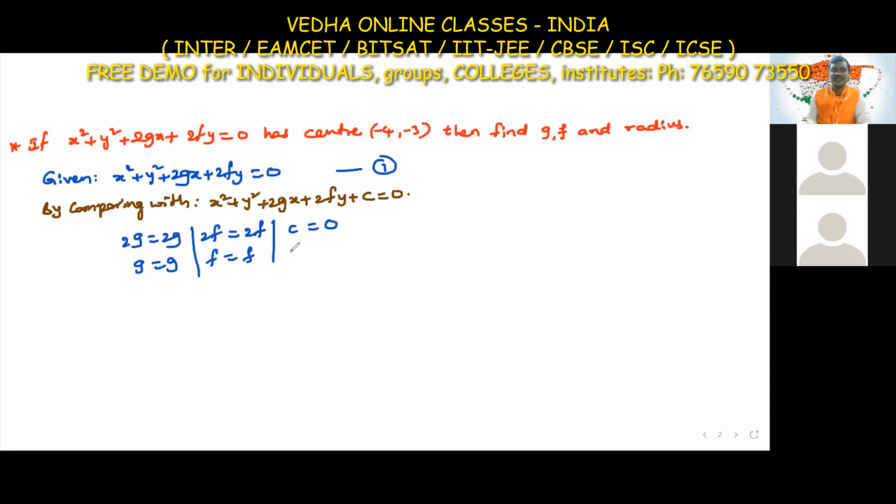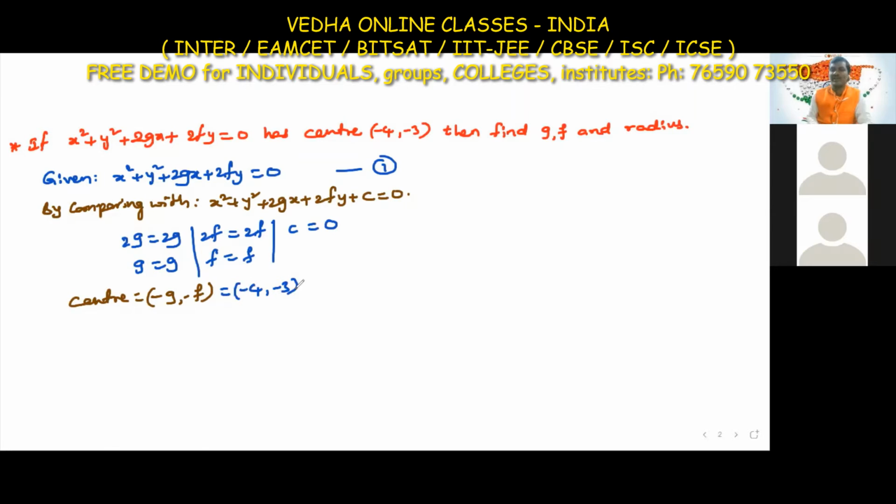Constant is 0. Here, according to the formula, what is the center? Center of the circle is equal to minus g comma minus f according to the formula. Means for the general equation, center is minus g comma minus f. Now this is given as -4 comma -3.